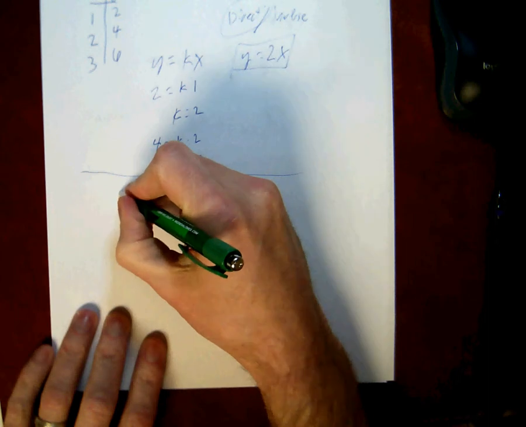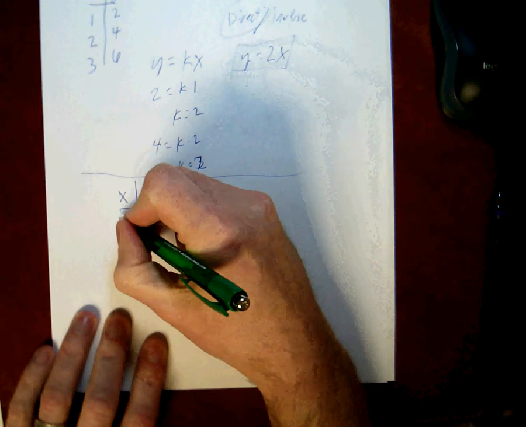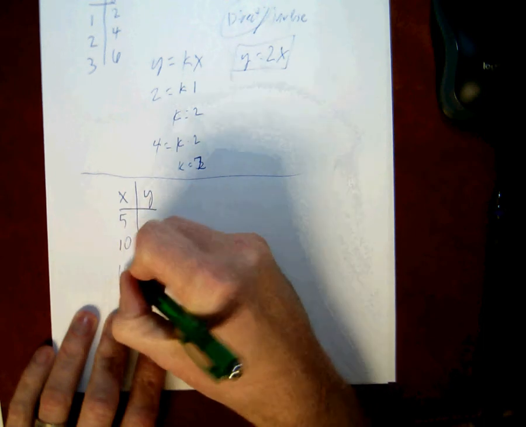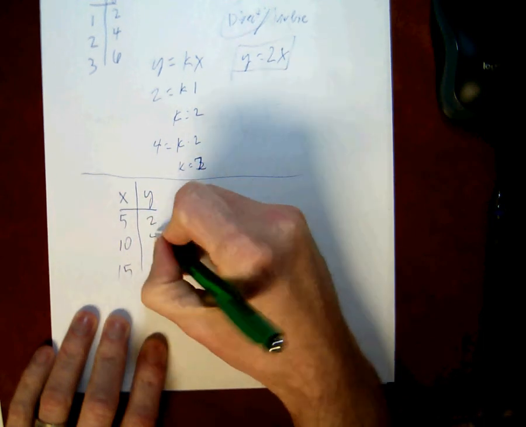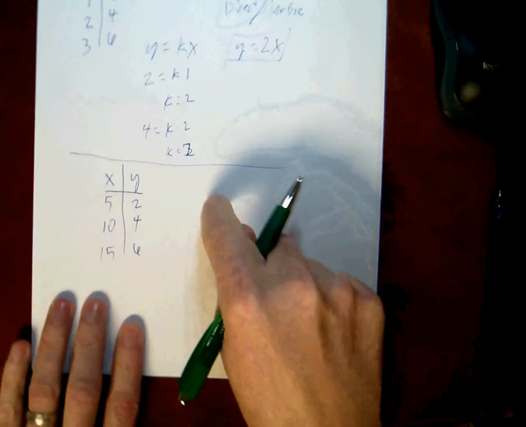Your turn. So here's your chart. I'm going to give you the x and y chart. This is 5, 10, 15, 2, 4, and 6. And I want you to write the variation equation.